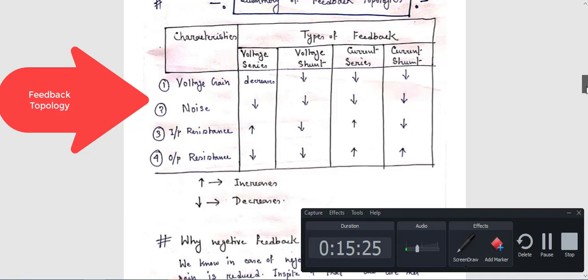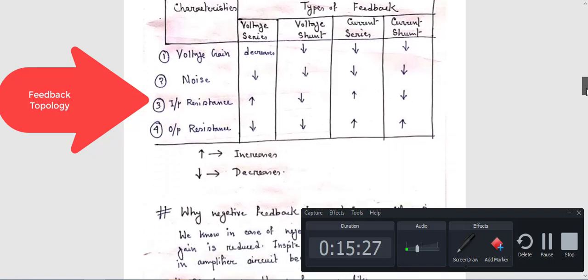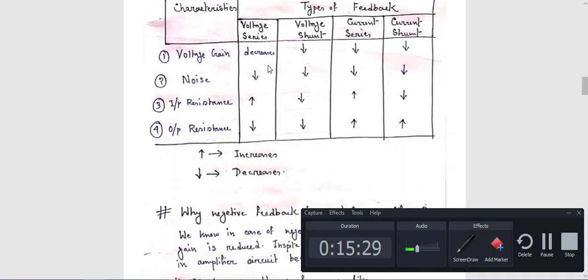Now suppose voltage gain. I have already told you that in a negative feedback amplifier the main disadvantage is that voltage gain is reduced, but in a positive feedback amplifier voltage gain is increased.